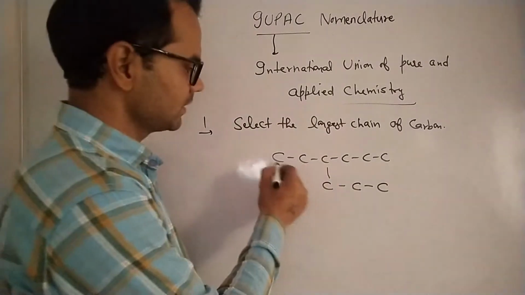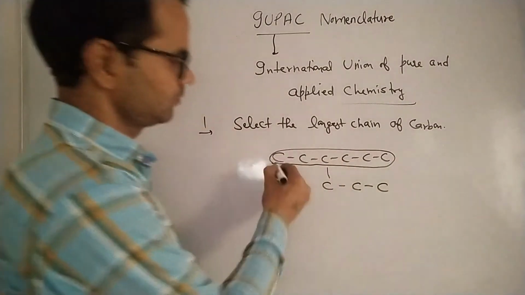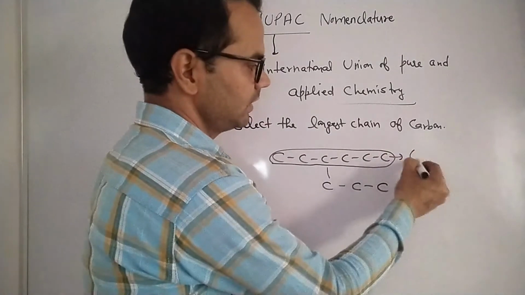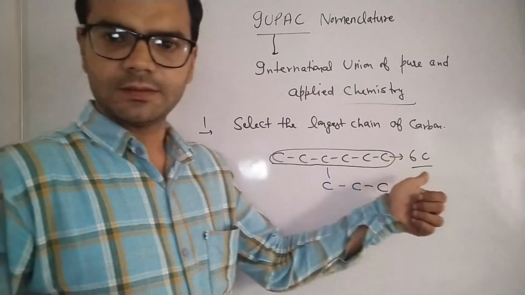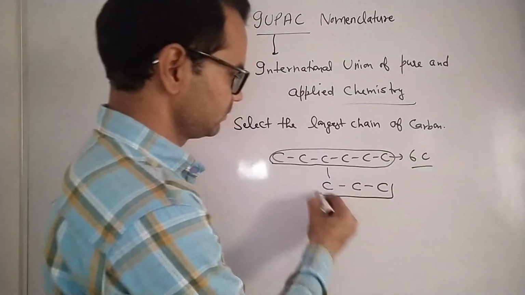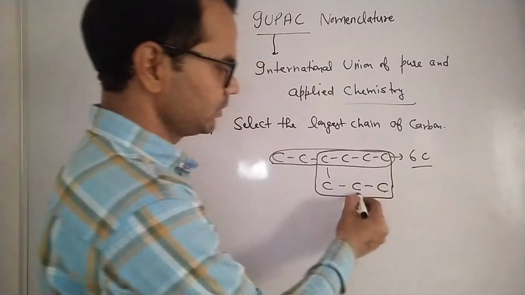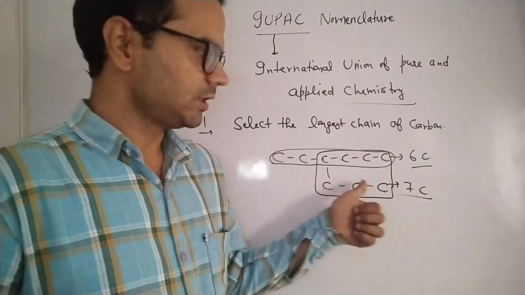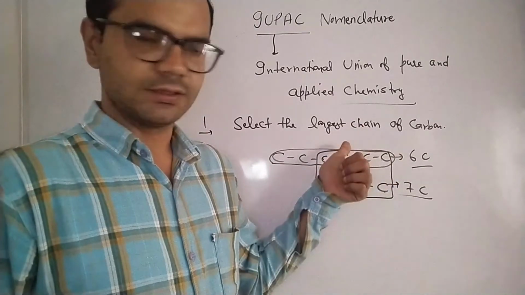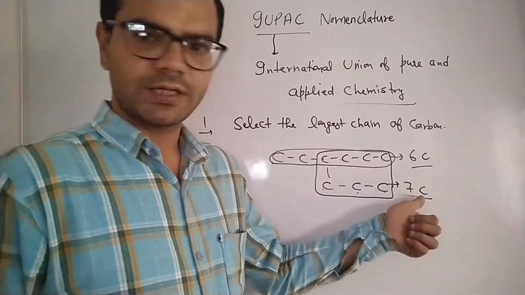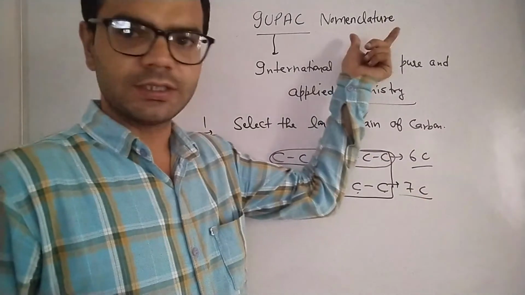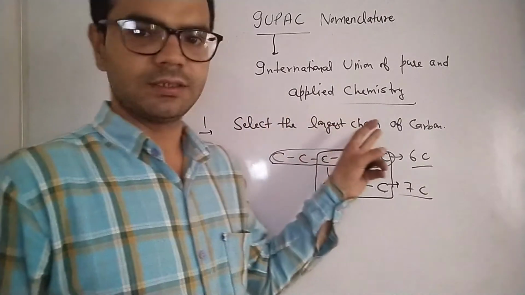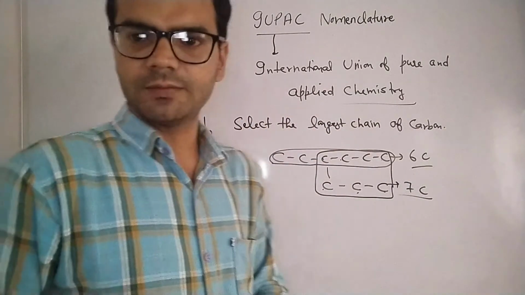If we select this straight chain, the parent chain contains 6 carbons. But if we select this chain, 1, 2, 3, 4, 5, 6, 7. So the 7 carbon chain will be the parent chain, the major chain. We will use 7 carbon for nomenclature. So the first and main thing is to select the longest chain containing the maximum number of carbon atoms.